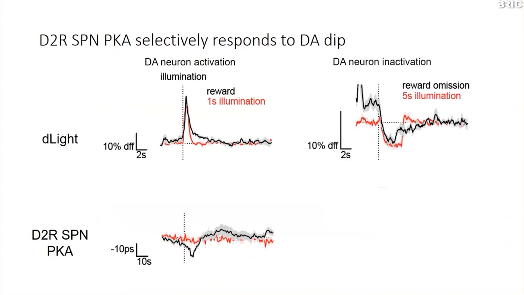In black, I'm plotting the reward omission response after the reward predictive cue, which has caused the preceding increase in dopamine. In red, I'm plotting the dopamine dip caused by stimulation of GtACR, which suppresses the neuronal activity. With this inactivation protocol, we saw that D2 receptor SPN PKA activity showed marked increase. And this strongly suggests that there is a basal binding of dopamine to D2 receptor, which allows the D2 receptor PKA activity to increase at the time point of dopamine dip.